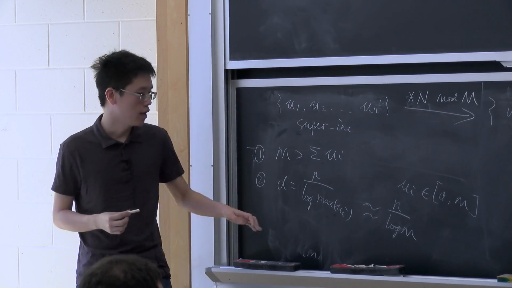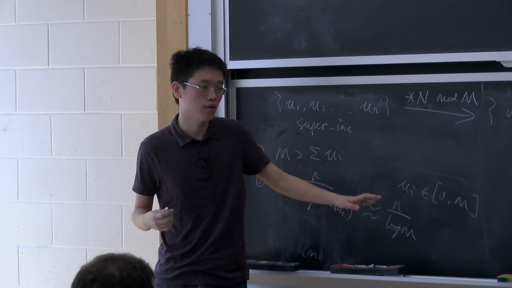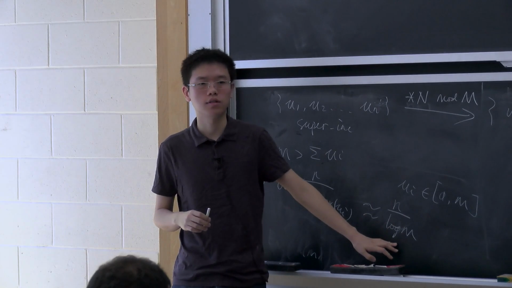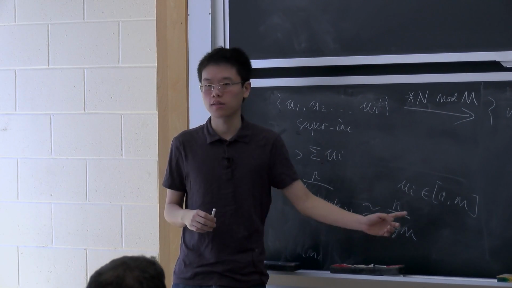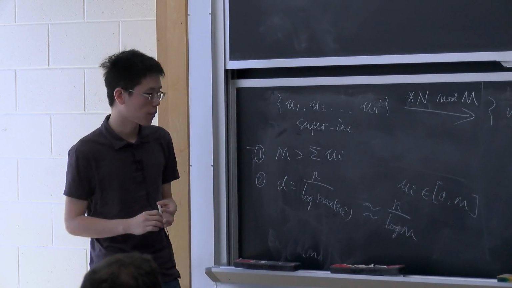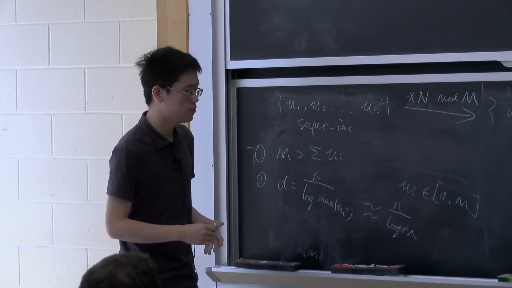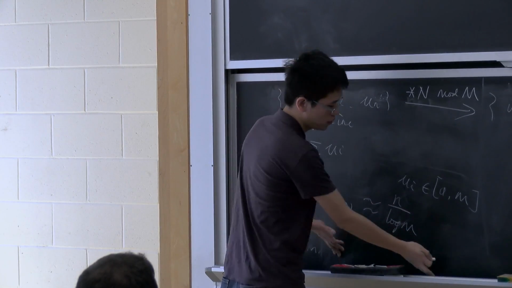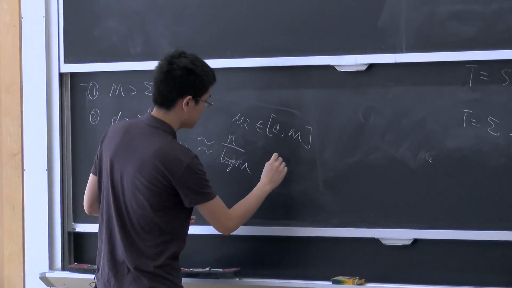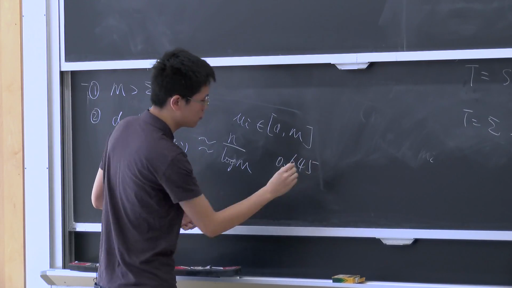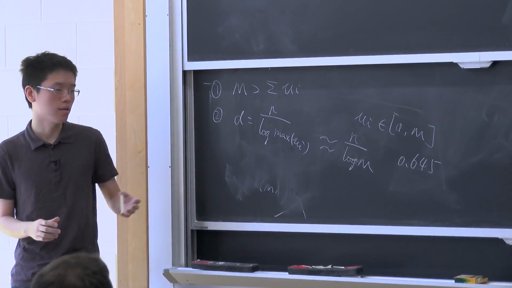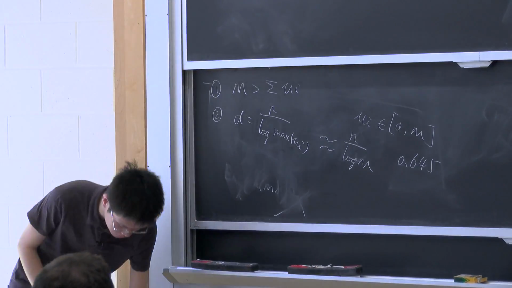And if I choose all the ui's from a large range, then my m is going to be very large and the density is low, and that's vulnerable to low density attacks. How low is considered low? Several people proposed, based on heuristics, that if the density is less than 0.45, it's considered low density and can be attacked. And this threshold has been improved.